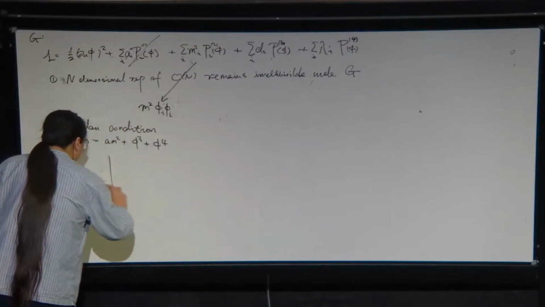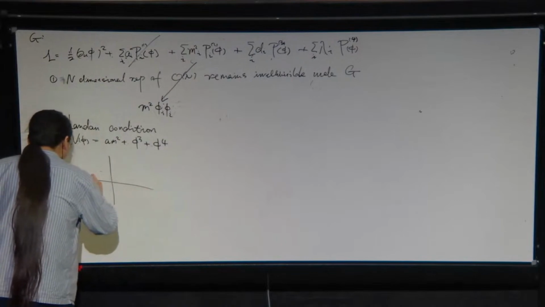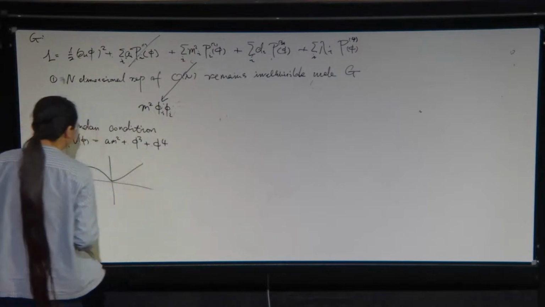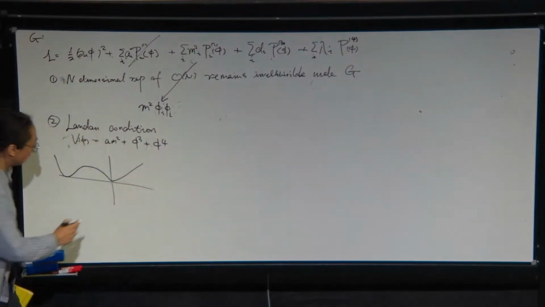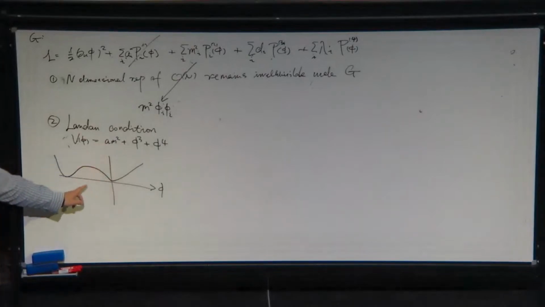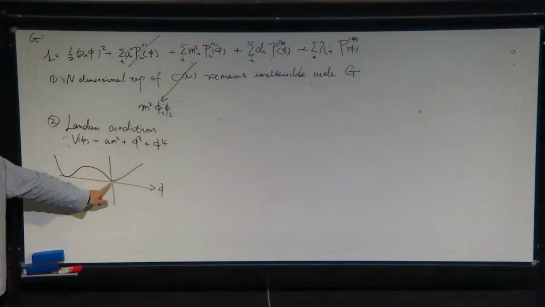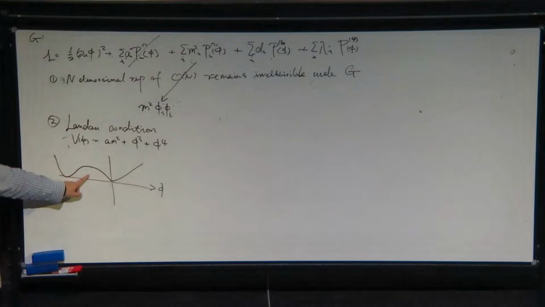The potential looks like this. This is your phi field. So you can see the potential has two minima as you tune this A to make them equal height. There's a barrier in between.